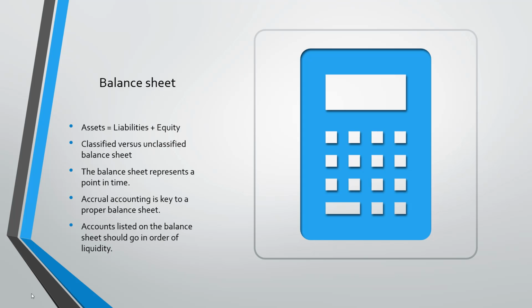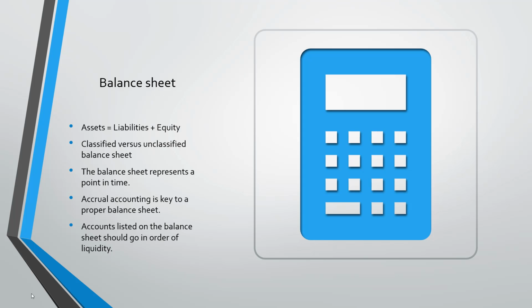So it goes in the order of what can be converted to cash the fastest. That's why you always see fixed assets down at the bottom, and sometimes there are assets below fixed assets, which is kind of a different reason. In essence, both the asset section and the liability section should go in order of liquidity.